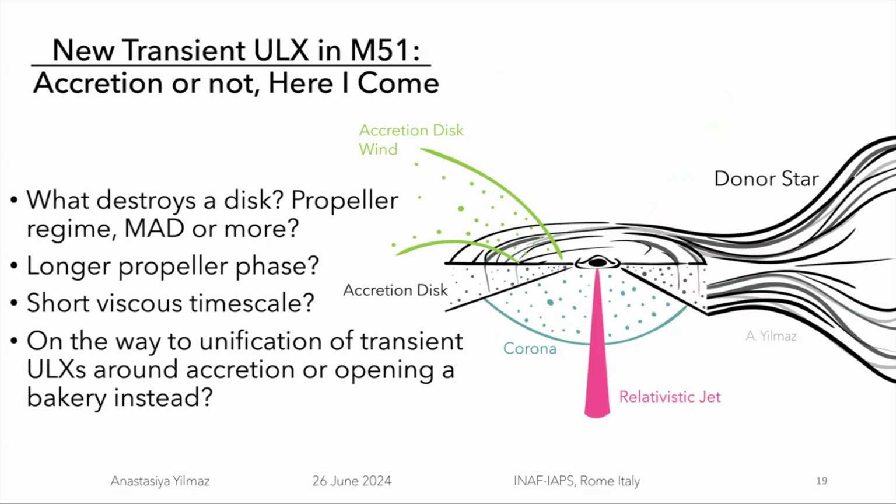One of the things that this specific transient ULX introduced was, okay, given that the formation of the accretion disk is usually associated with an increase in X-ray luminosity, we can discuss there might be an accretion disk forming, and given the spectrum is very soft and there is no pulsed emission, assuming that it might be a neutron star is very consistent with everything that we know, but it doesn't really explain why we destroy this accretion disk and never see it again.